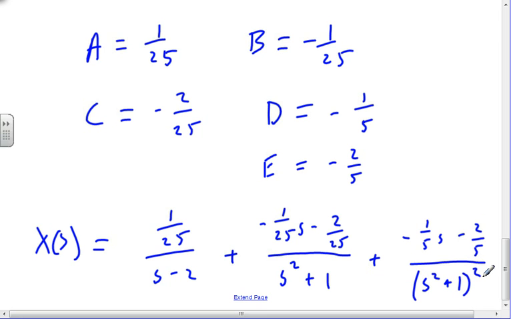Now, the issue is, do we have an s squared plus 1 squared guy? And yes, we do. Okay, so number 20 and 21 are going to help us out there.